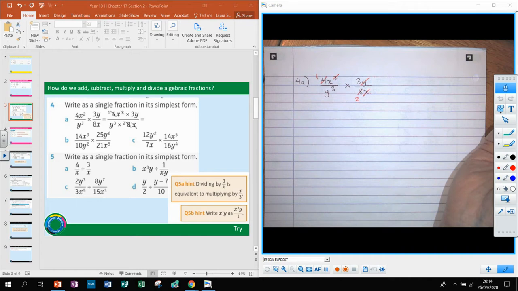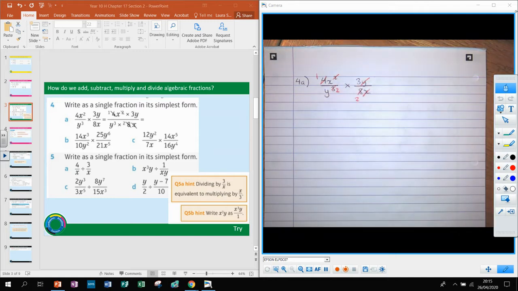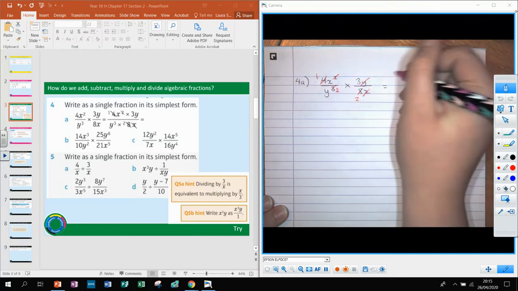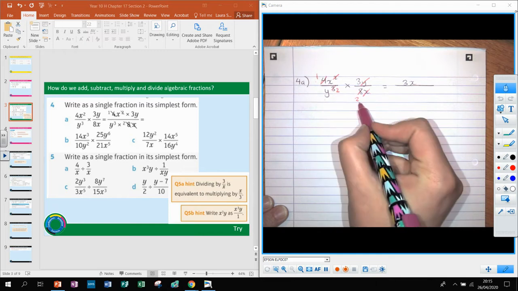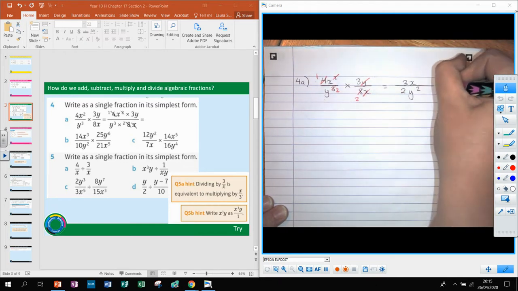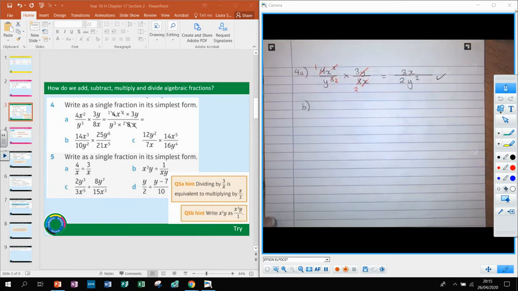That will become a 1, so we don't need to write anything there. And instead of y cubed, I will now have y squared. So when we multiply across, that's going to give me 1x times 3, which is 3x all over y squared times 2, but we write the number first, so 2y squared, and that's correct. Well done those of you who got that.